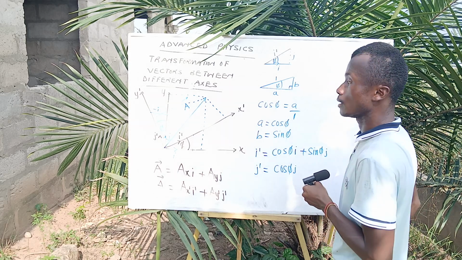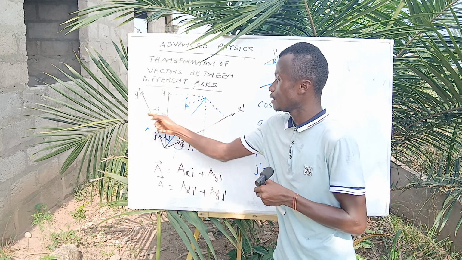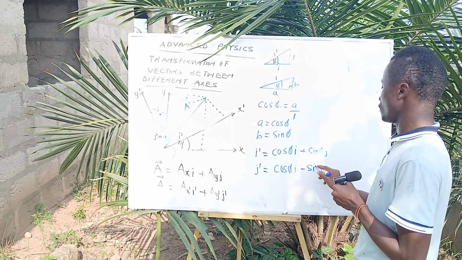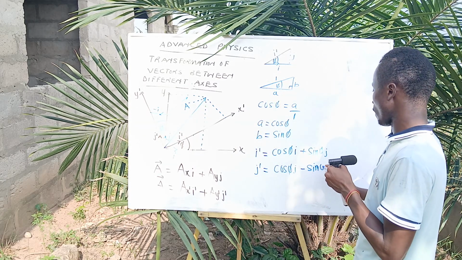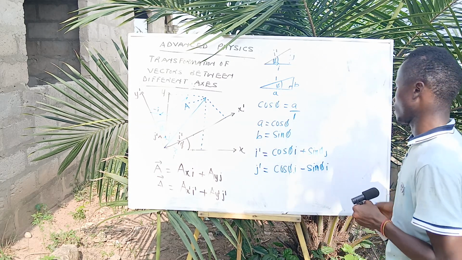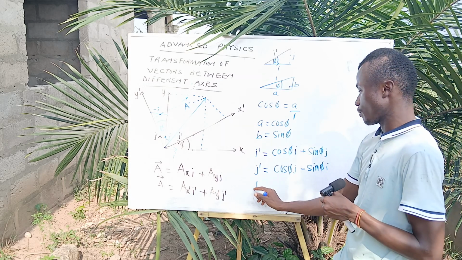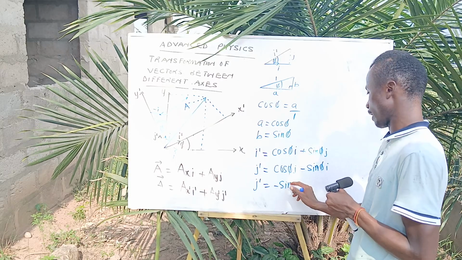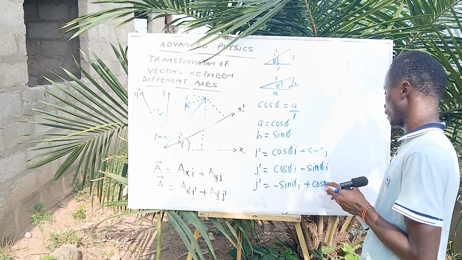J. And then in this direction, you have sine phi, but it will be negative because of pointing in the negative I direction. So sine phi I. So if we rearrange, j prime is equal to negative sine phi I plus cos phi j.